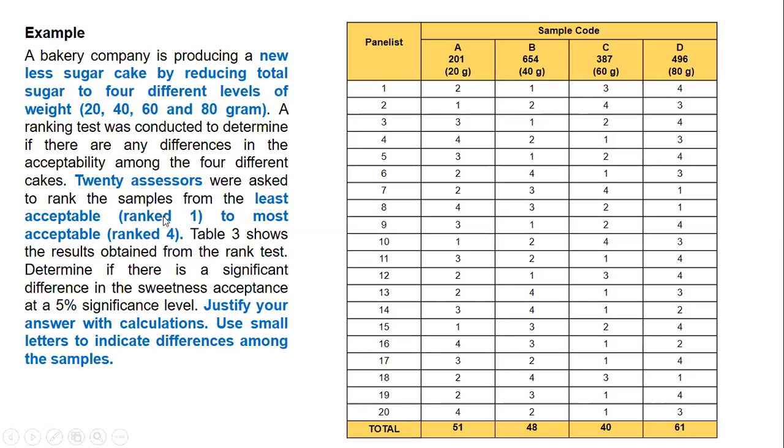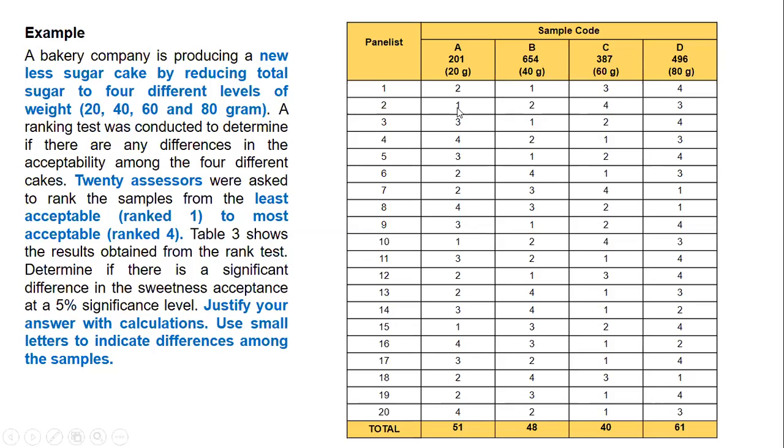If the panelist likes the sample very much, they will rank 4, and the least accepted rank 1. As usual, the question will ask you to justify your answer with calculation. You need to indicate whether there is a significant difference or not.